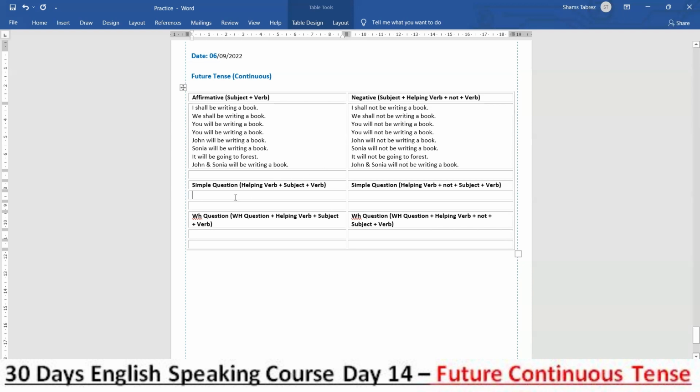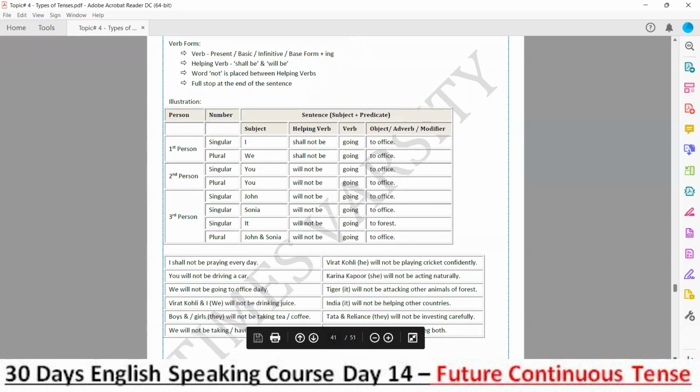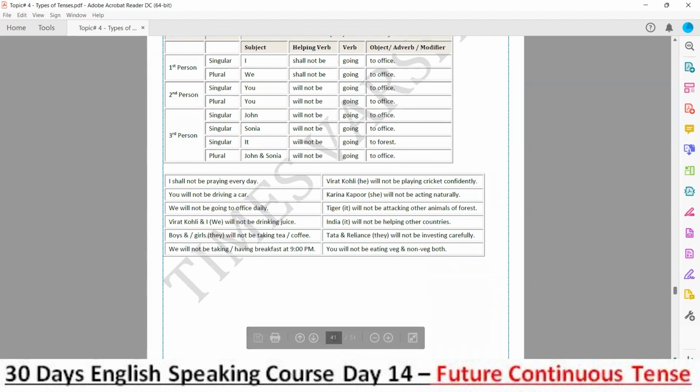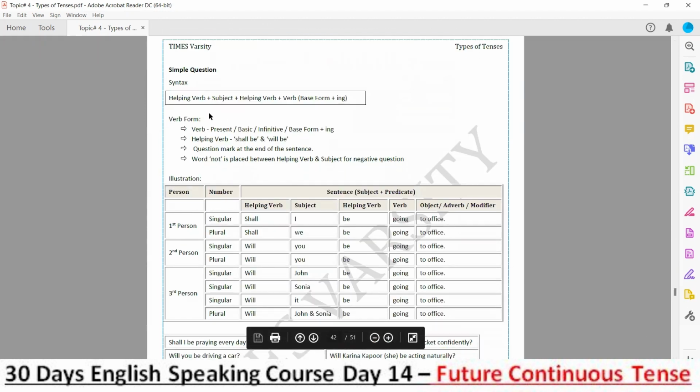Now let's make simple question. As usual, all simple questions start with helping verb. So simple question: helping verb, then subject, then another helping verb, because two helping verbs are used.